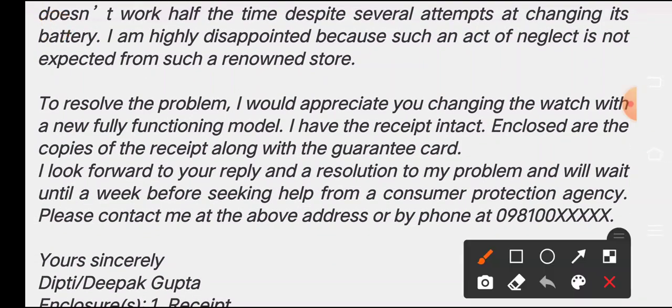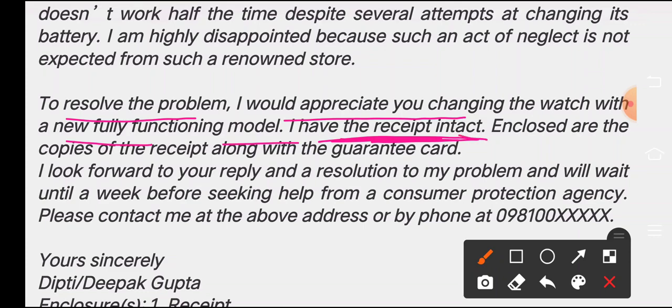Now we are writing the concluding paragraph. So to resolve the problem, I would appreciate it if you would change the watch with a new, fully functioning model. I have the receipt. Receipt is spelled RECEIPT, where the P is silent.